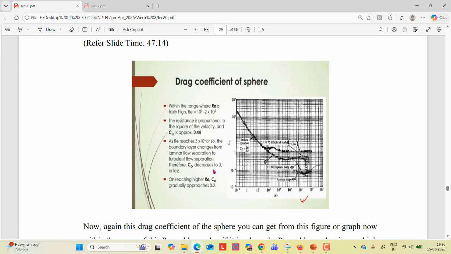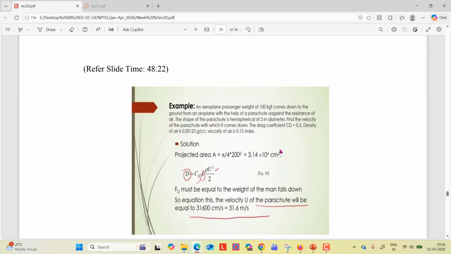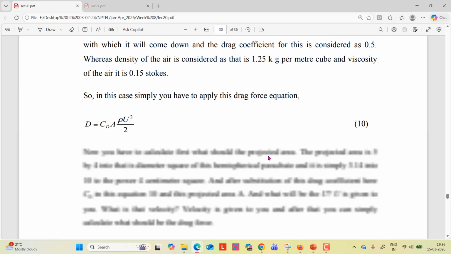So CD decreases to 0.1. So the drag coefficient at that time is very less. On reaching the higher Re, CD gradually approaches 0.2, right? It again starts increasing. So there are some problems around that.